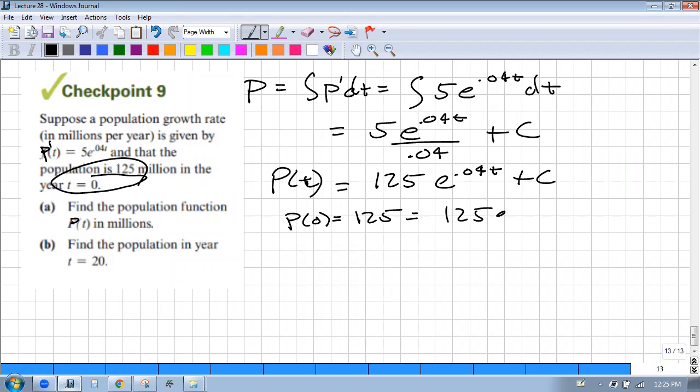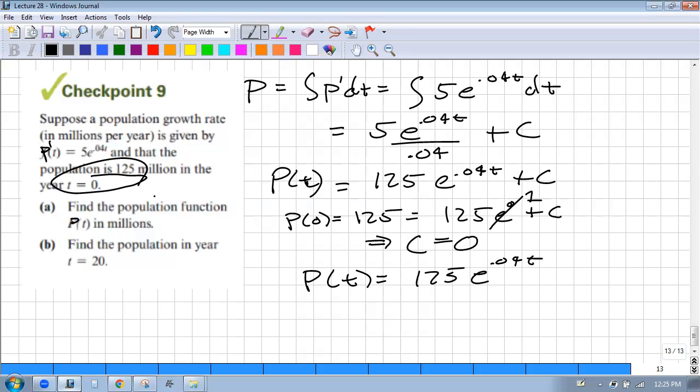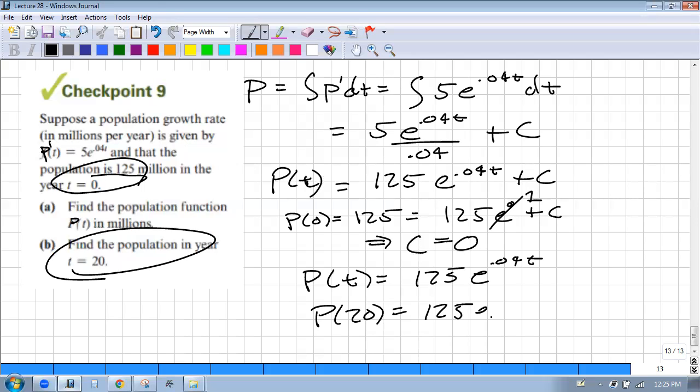And if we replace t with 0, this is just 1. So we have 125 equals 125 plus c. So again, c is 0. So P of t is just 125 e to the 0.04 t. They want to know what it is at year 20. Just plug in a 20, type that in your calculator, and you know the answer.